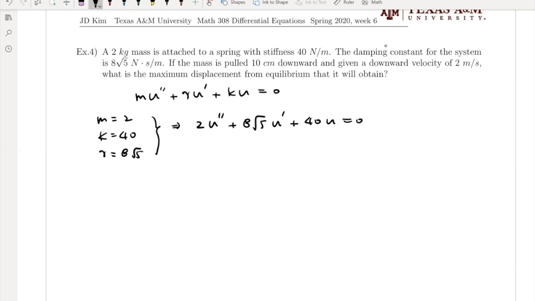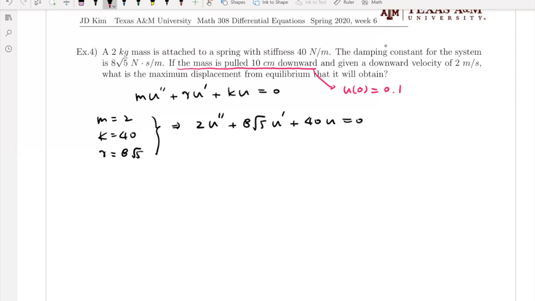Now let's talk about the initial condition, okay? At the starting point, the mass is pulled down 10 centimeter downward, right? Which means u of 0 is 10 centimeter, which is 0.1 meter, okay? Downward means the length of the spring is increasing, right?